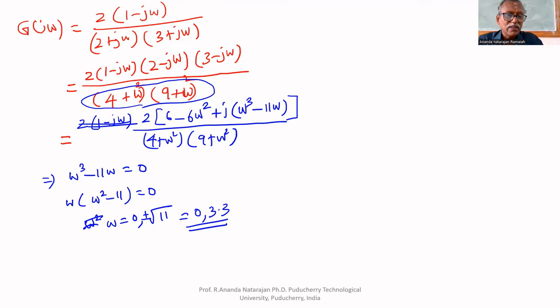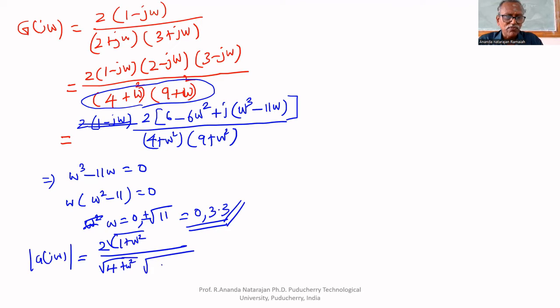So what is the magnitude at omega equal to 3.3? That we have to find. Therefore, the magnitude of G of j omega equals 2 multiplied by square root of 1 plus omega square, divided by square root of 4 plus omega square times square root of 9 plus omega square, where omega equals 3.3.